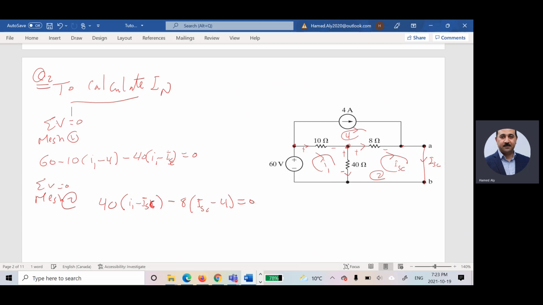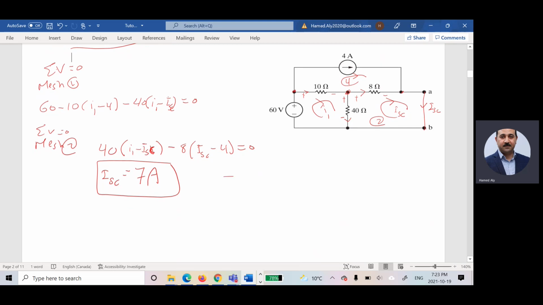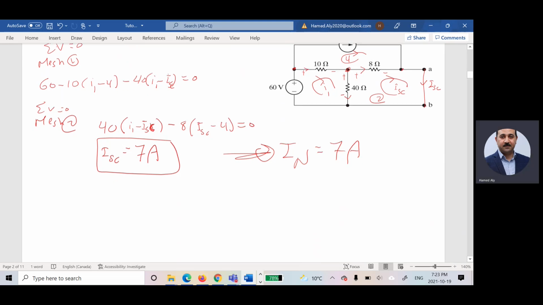Solve these two equations and you can calculate I short circuit. It is equal to 7 amps. Now, once I calculated I short circuit, I can say I Norton equals 7 amps. After that, I asked you to find R Norton.